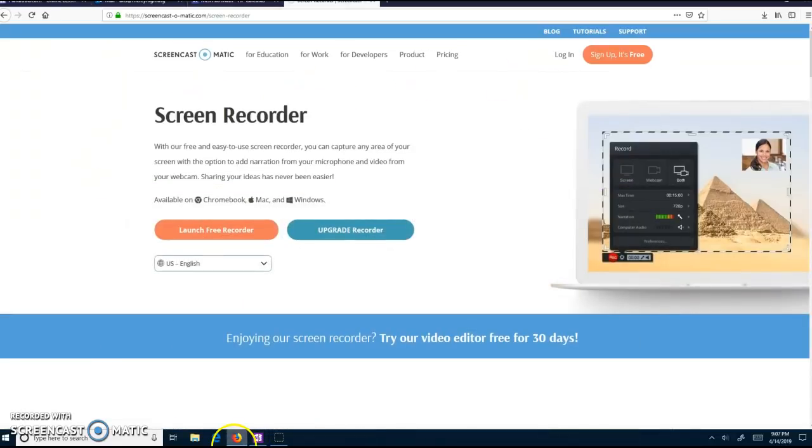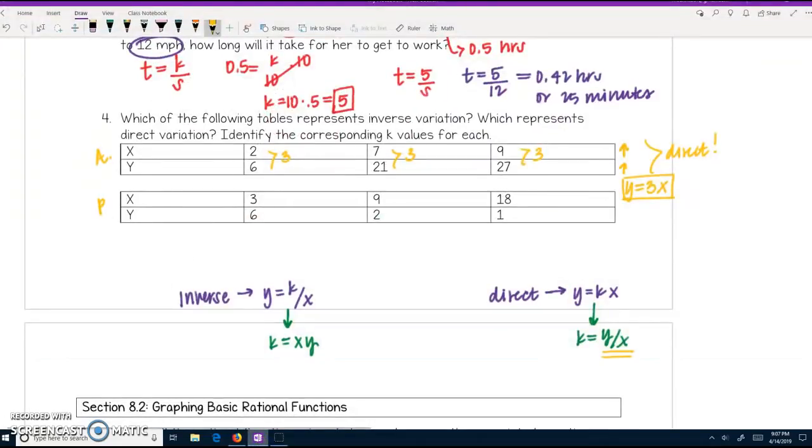Then for table B, right here, it looks like my x values are increasing, so they're going up, but then my y values are decreasing, they're going down. So since there is an opposite relationship, it appears to be inverse. And so I want to check my k value by multiplying my x's times my y's.